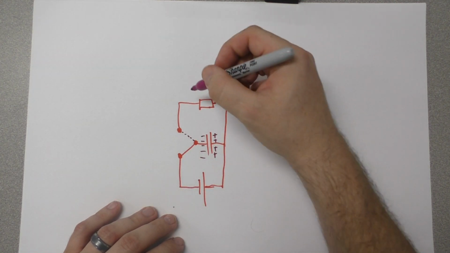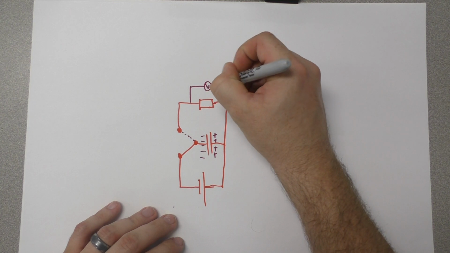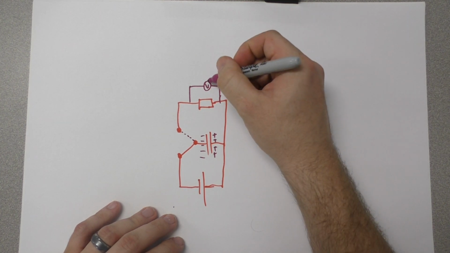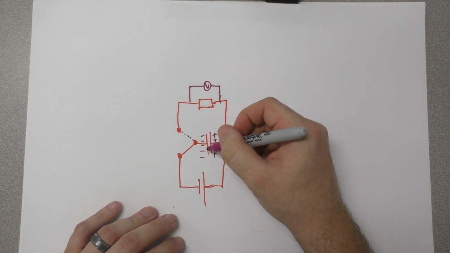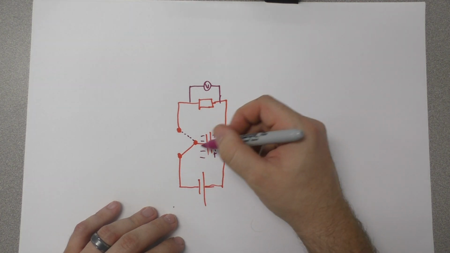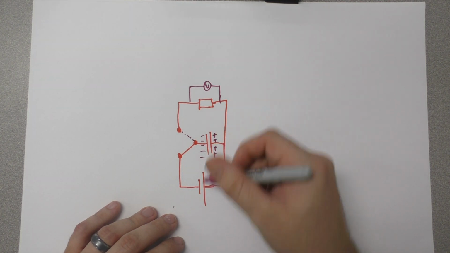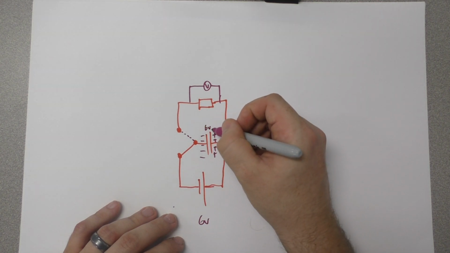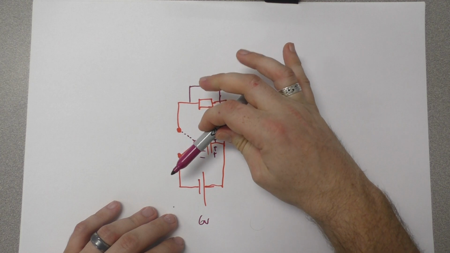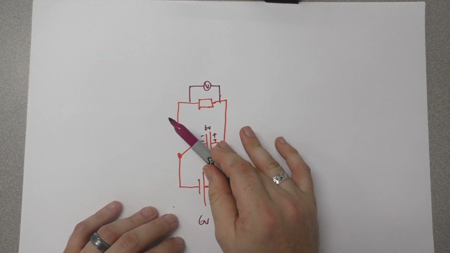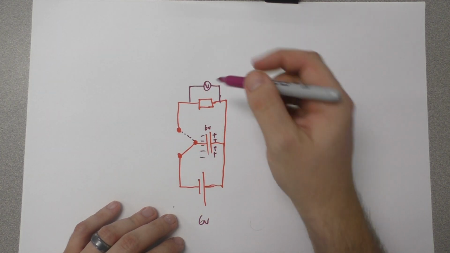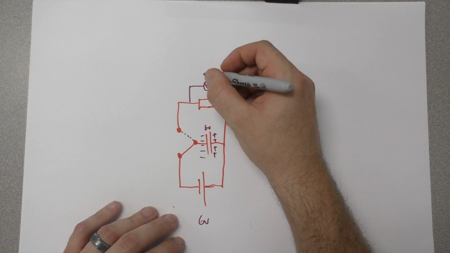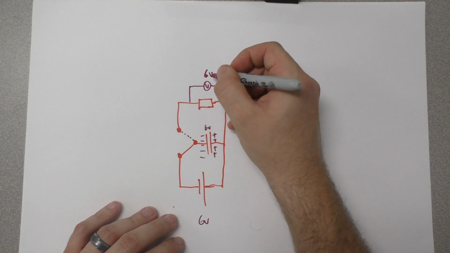Well, what we would observe in this situation is we'd start off with a voltage that was equal to the potential difference of the battery, because that's the potential difference that was gained across there. So if this was a 6-volt battery, you'd have 6 volts of potential difference across there. And when you switch that to position 2 here, the voltage that you'd read out across this voltmeter would be 6 volts.